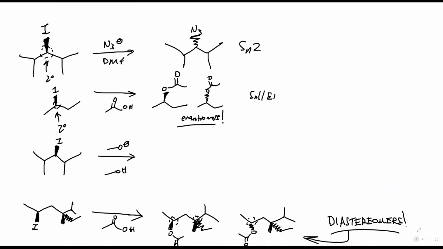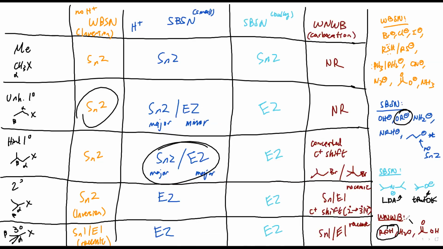RO minus is a strong base. So what would you predict the reaction to be? Would you agree that it's E2? Yeah, and I would agree. It's going to be E2.